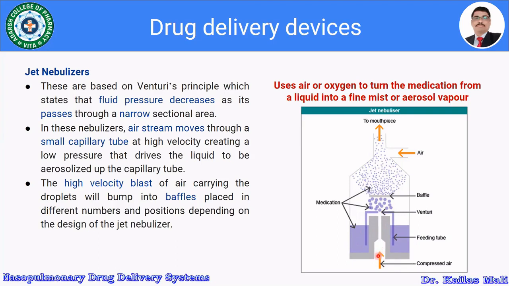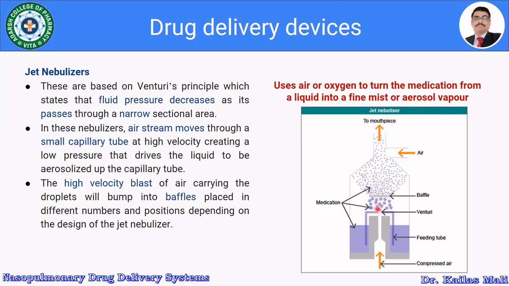So the jet nebulizers are based on the Venturi principle, which states that fluid pressure decreases as it passes through the narrow cross-sectional area. And in these nebulizers, the airstream moves through a small capillary tube at a high velocity, creating a low pressure that drives the liquid up the capillary tube as an aerosol.